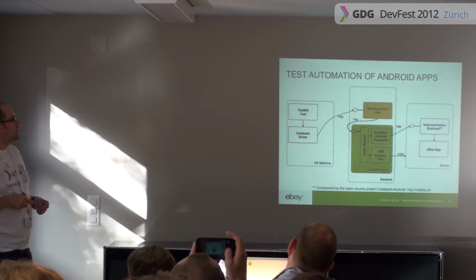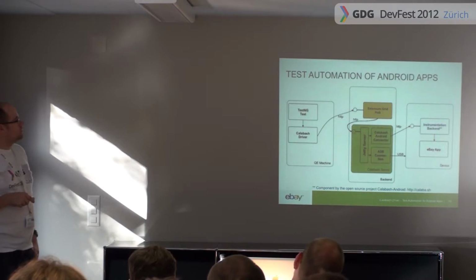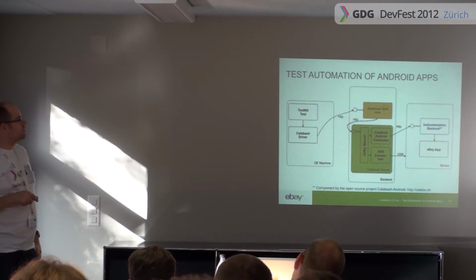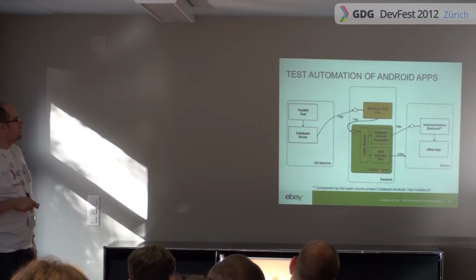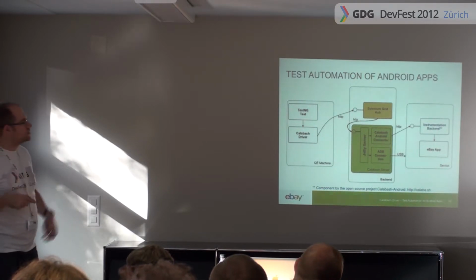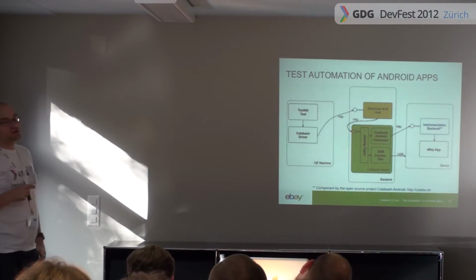Calabash-driver is responsible for starting or installing the apps, and once the apps are started, the connection is made, and the corresponding commands sent to the server are rerouted to the app and to the instrumentation backend server. This whole component can be integrated into the Selenium grid. On the client side, we have just a normal test, TestNG, but we can also use JUnit, write your test in Java, and then you connect to the grid, and automatically the right device is found.